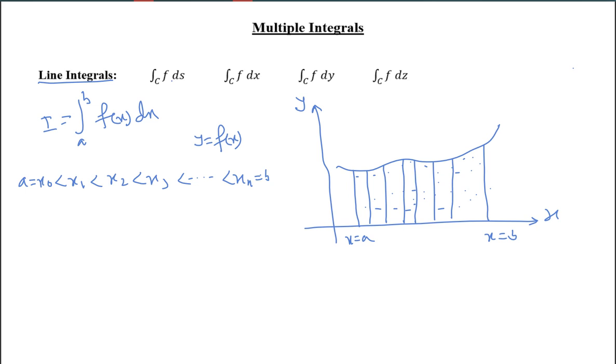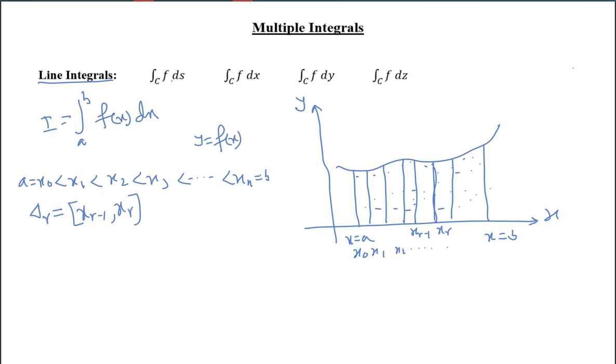So this is your x0, x equal to a, then x1, then x2, like this it is going. Suppose I represent delta r, the rth interval, as xr minus 1 to xr. This one is your xr minus 1, and this is your xr.